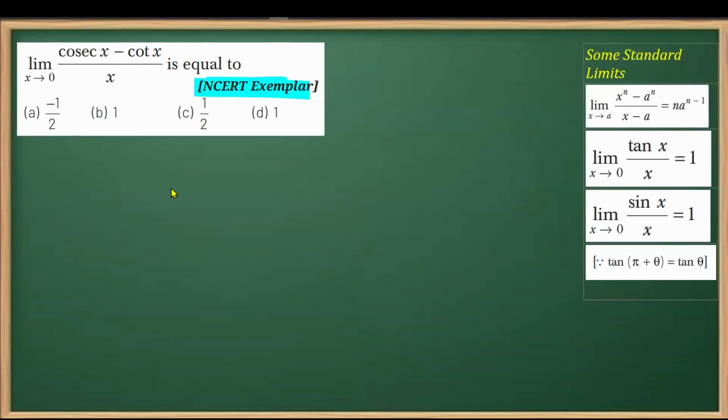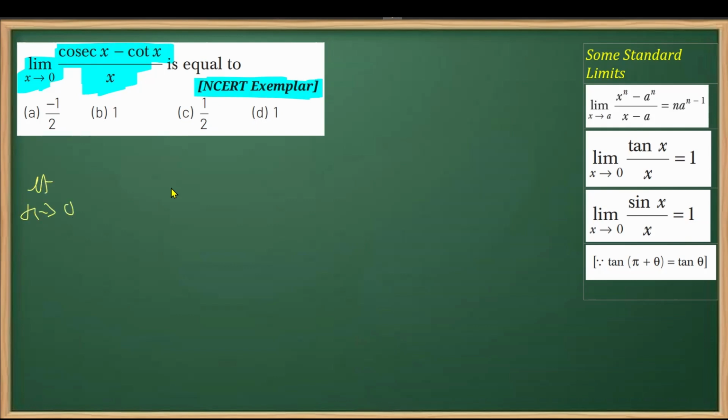Another question from NCERT exemplar, and we have to evaluate the limit of cosec x minus cot x over x, where the limit x tends to 0 only. Same as the previous question, here also we'll be applying trigonometric identities.